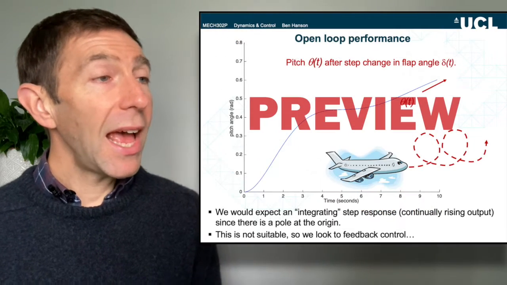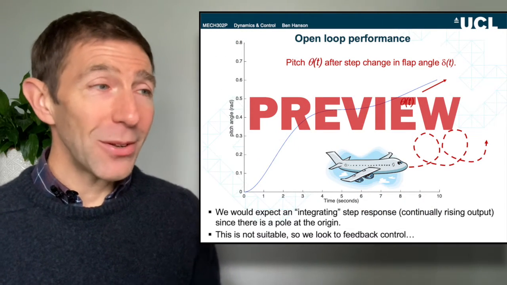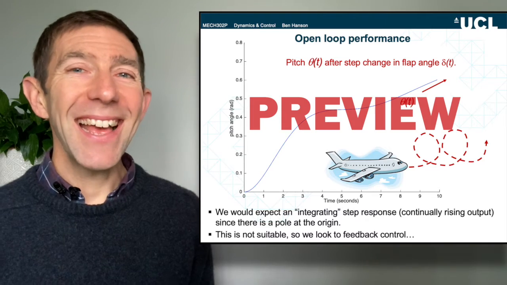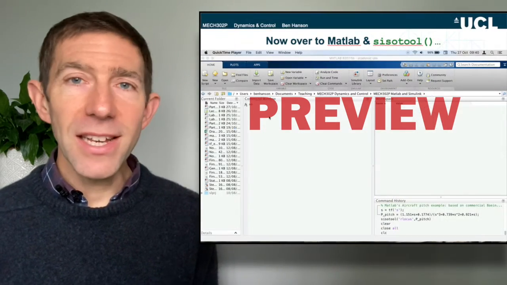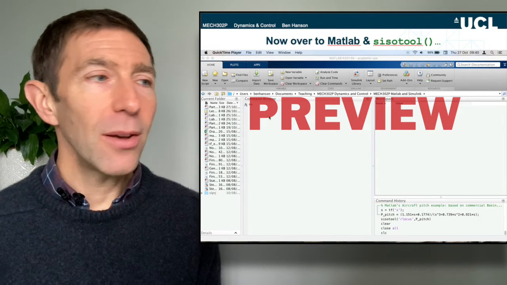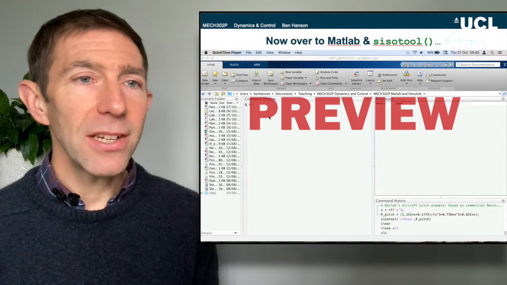So we'll see how the behaviour of the plane can be controlled and how it can be modelled and understood. This is quite a nice hands-on example of simulation.